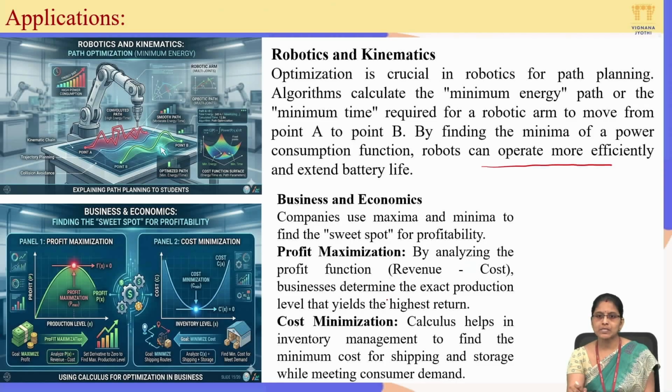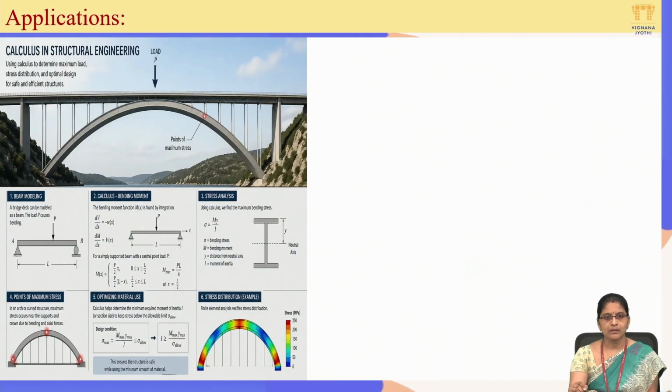By analyzing the profit function, businesses determine the exact production level that yields the highest return. In cost minimization, calculus helps in inventory management to find the minimum cost for shipping and storage while meeting consumer demand.